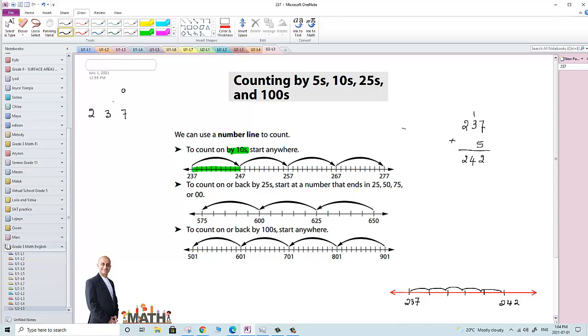This is the ones, this is the 10s, and this is the 100s. Why don't I take the 10s and say I'm adding by 10, and all I have to do is add 1 in the tens place, which gives 247. So I will reach the next number without even using the number line or the addition.